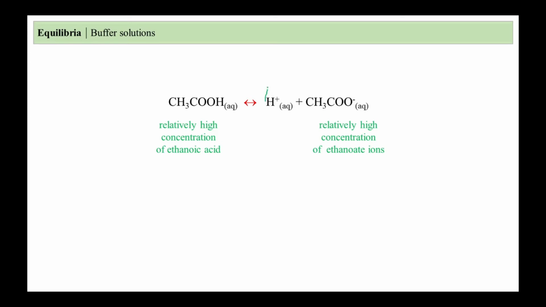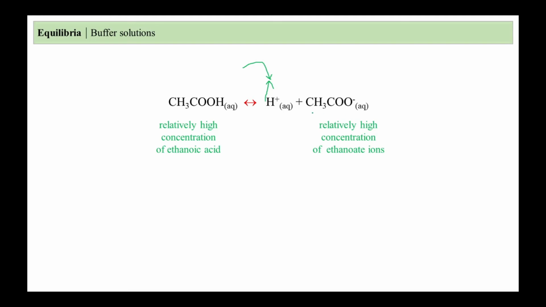If we increase the concentration of H plus ions, which means we add more H plus ions, or we add an acid to our buffer solution, what will happen? Following Le Chatelier's principle, this reaction will tend to shift to the left to consume the added H plus ions, which means that the added H plus ions will react with the ethanoate ions to form the acid, and the reaction will shift to the left until the equilibrium is reestablished.